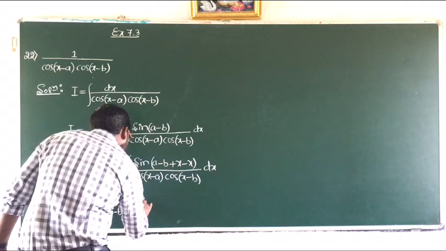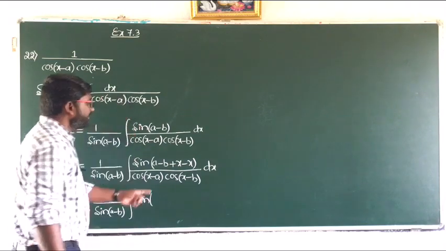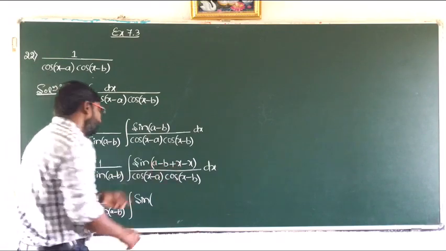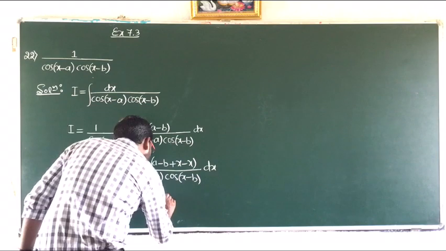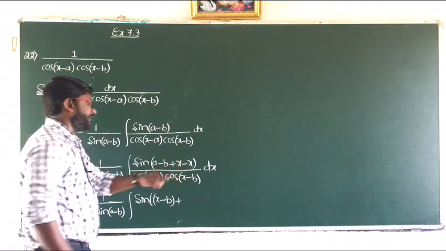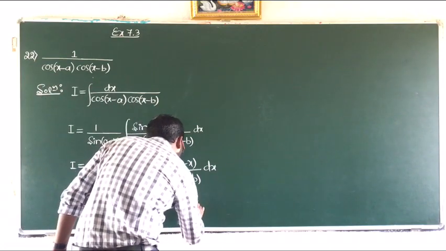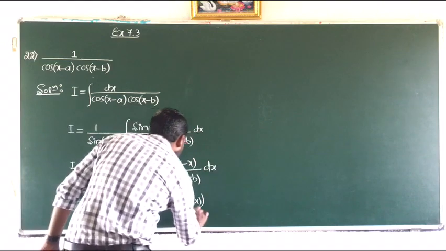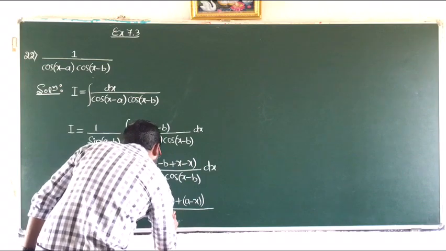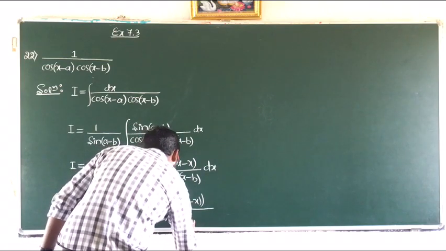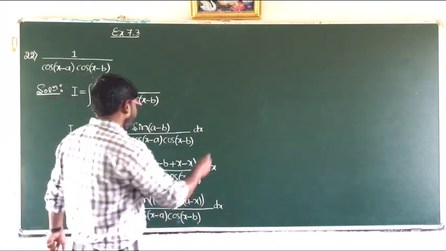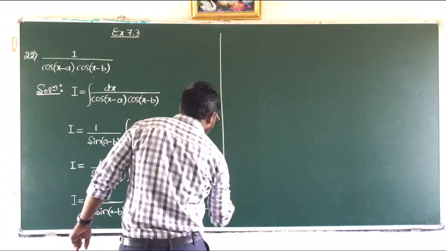So sin I write as it is, then (x minus b) plus x can be written as (x minus b), then plus (a minus x), whole divided by the denominator as it is, cos of (x minus a) into cos of (x minus b) dx. Now again we have to rearrange the terms in the numerator.